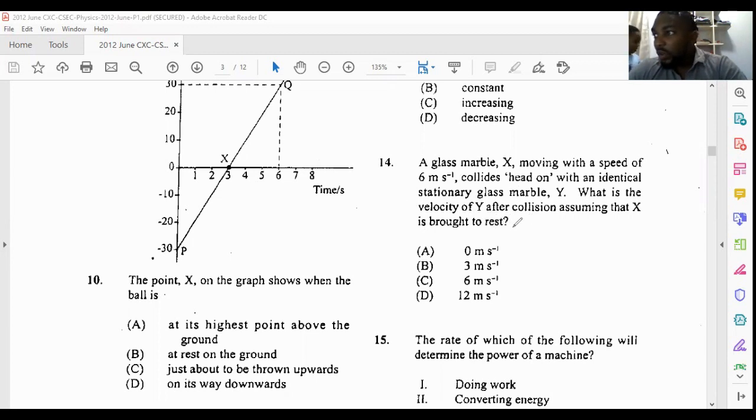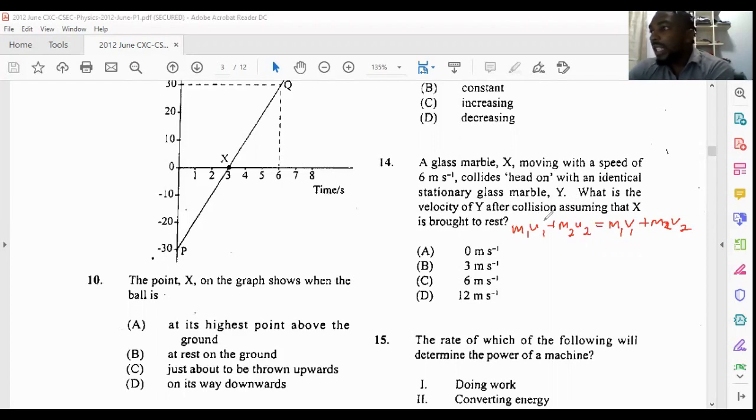So it gives you a general formula that m1u1 plus m2u2, this is before collision, is equal to the sum of momentum of each of the bodies after collision, so m1v1 plus m2v2. Right?